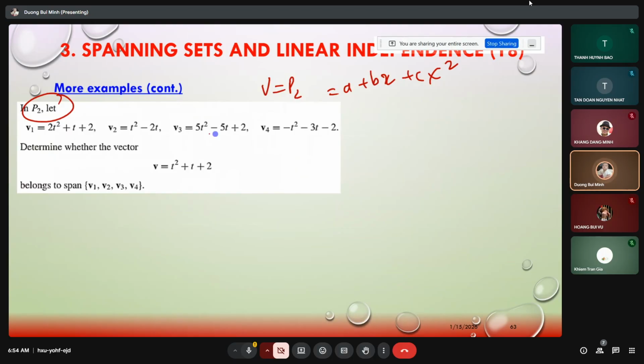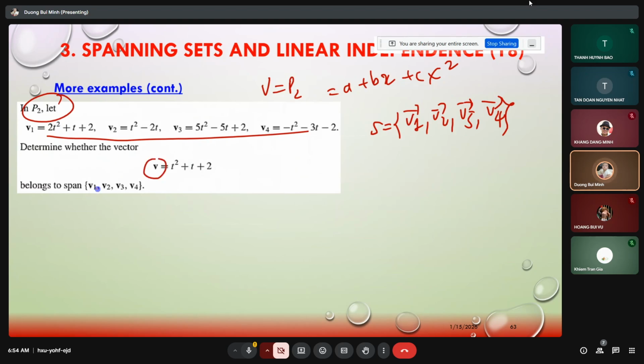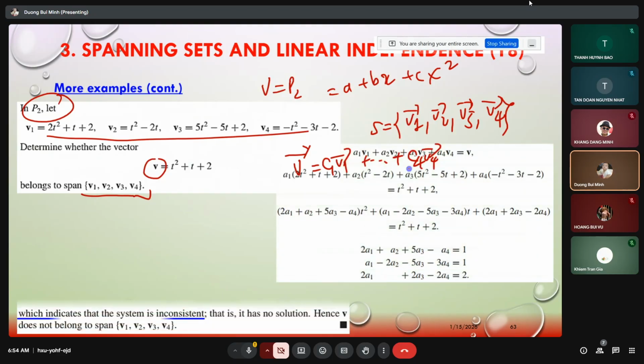And we have 4 vectors, so that means we have this set S. We have vector v1, vector v2, vector v3, and vector v4. Determine whether the vector v belongs to the space S or not. Similarly, we need to demonstrate v equals c1 v1 plus ... plus c4 v4.